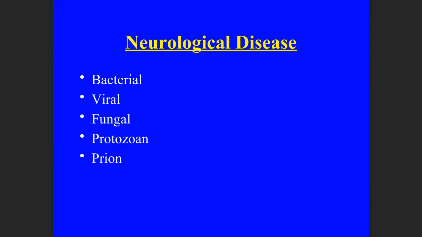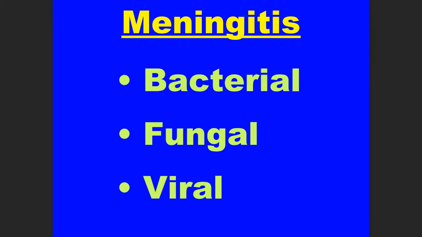Obviously, neurological diseases are caused by many different things, from bacteria, viruses, fungal organisms, protozoa, and prions. Most of the organisms that we're going to spend a lot of time talking about are bacterial causes of neurological diseases, but we're also going to talk about some of these other causes as well. The first set of diseases that we're going to talk about today is meningitis.